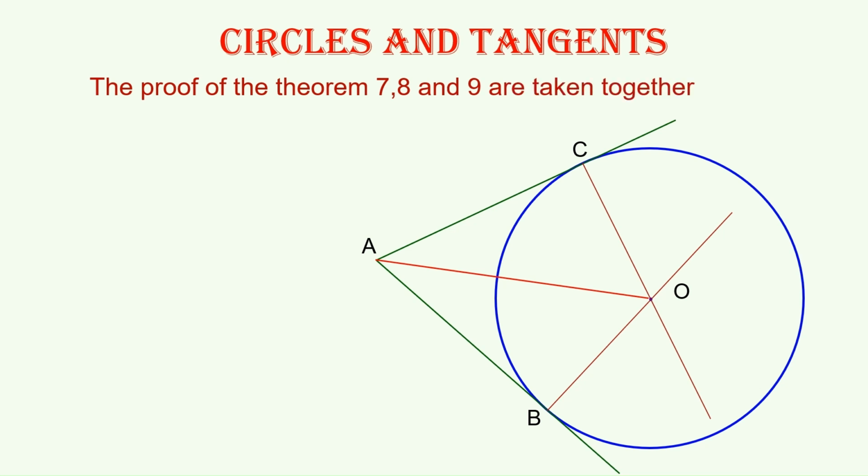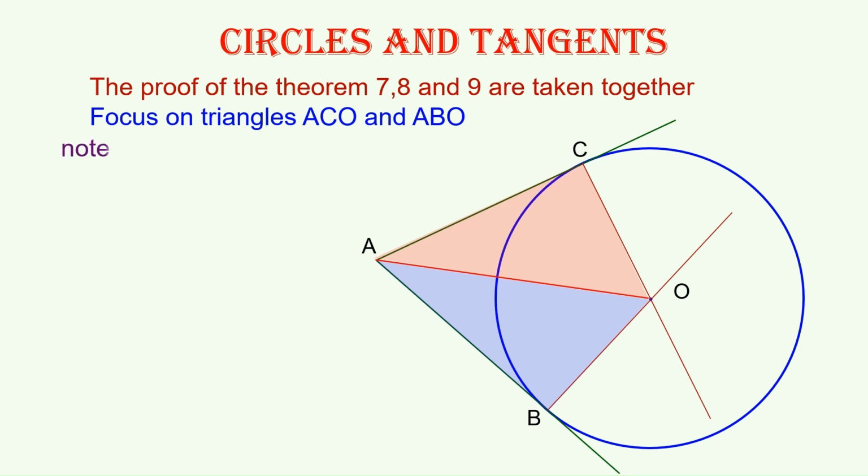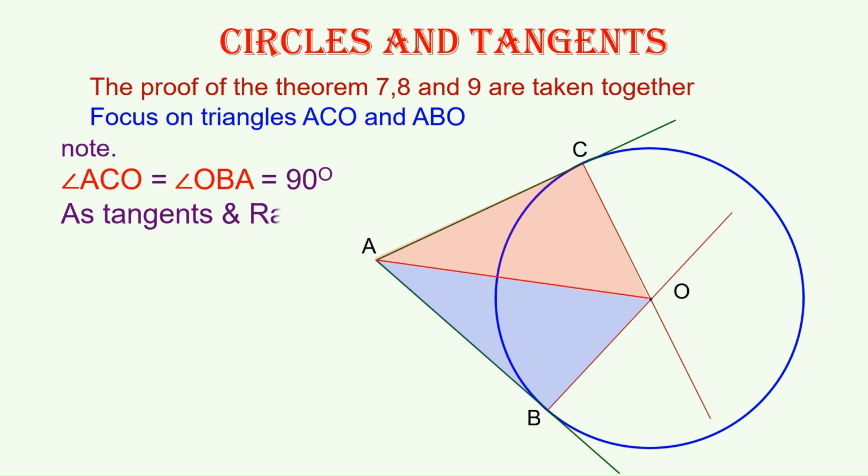We will take the proof of all three theorems 7, 8, and 9 together. We focus on triangles ACO and ABO. Note.